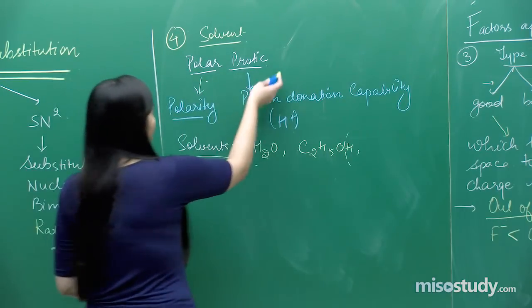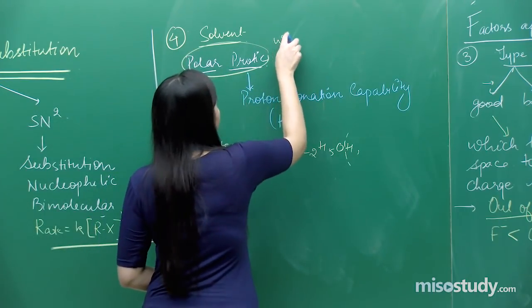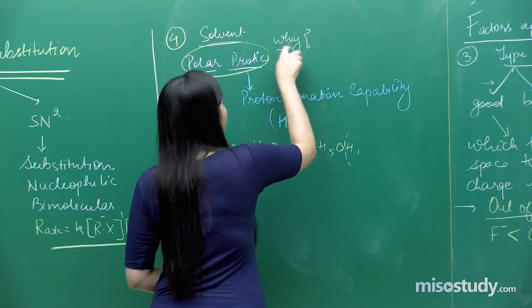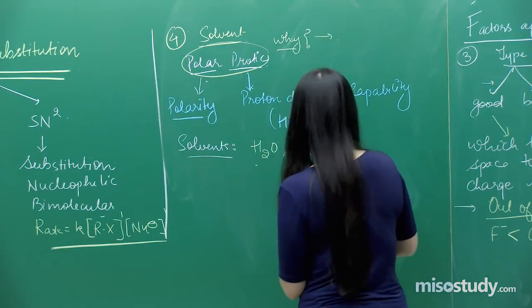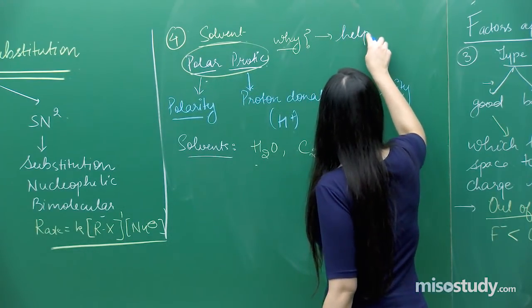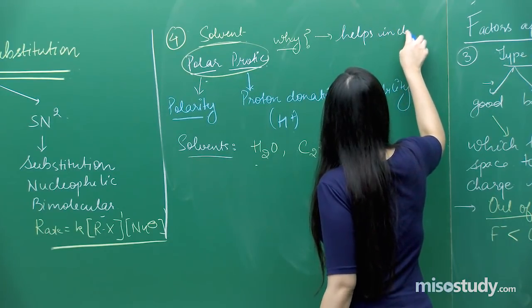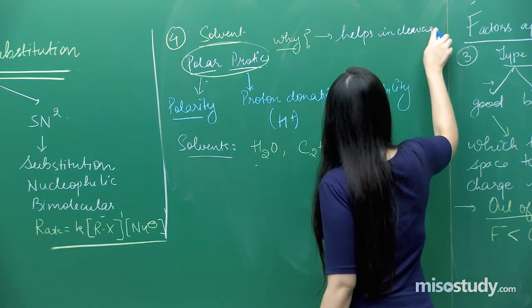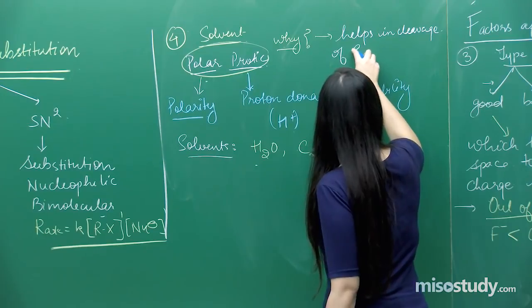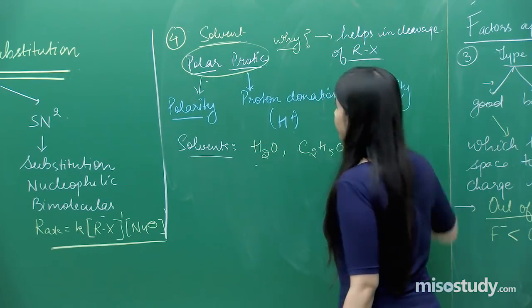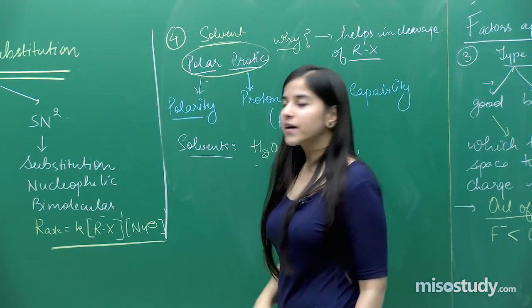So basically why are we using this? Because it helps in cleavage of the RX bond. Why does this help in the cleavage of the RX bond?